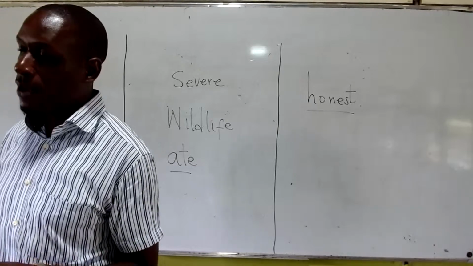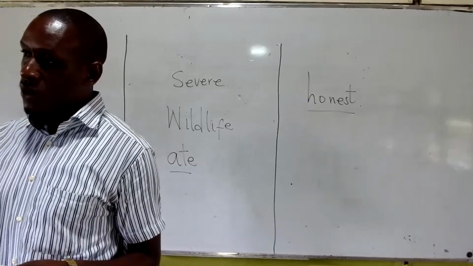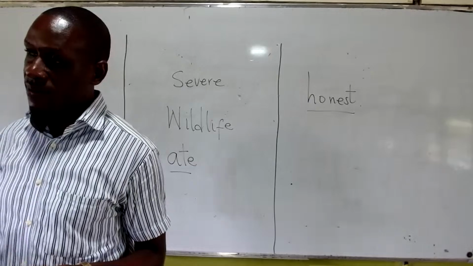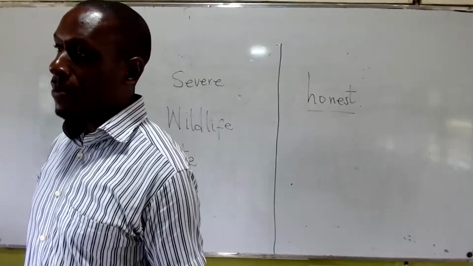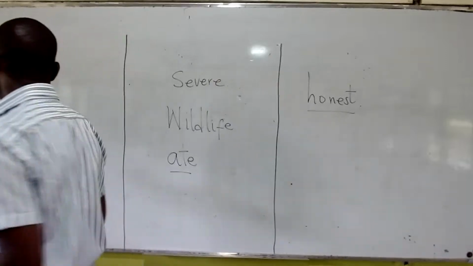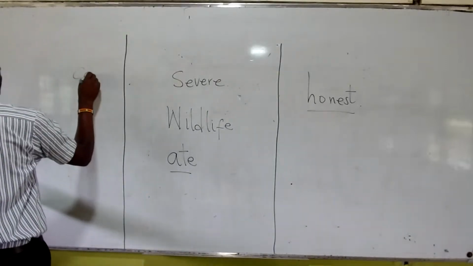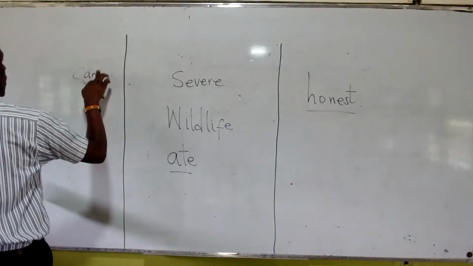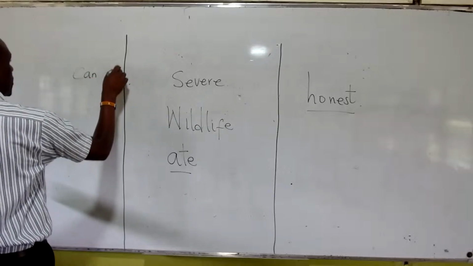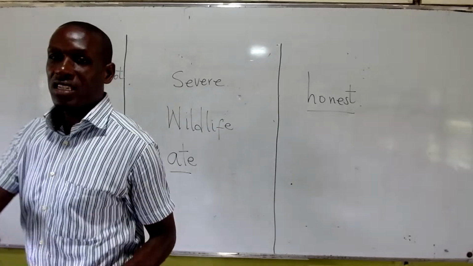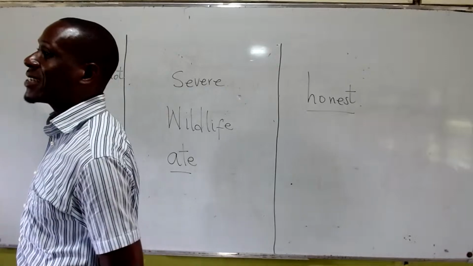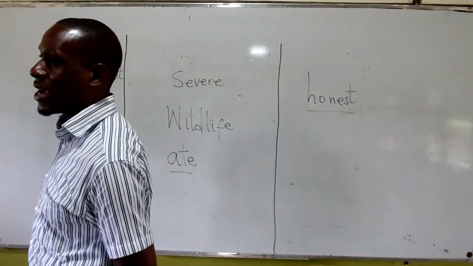To contract simply means we put the words together. We make it short. If I say cannot, those are two words. But to contract simply means make it one. So I write can't.